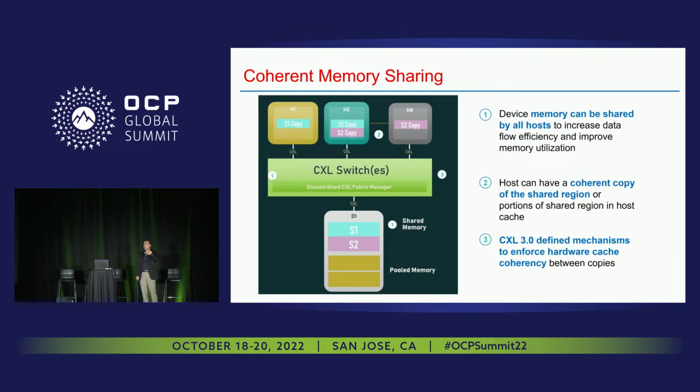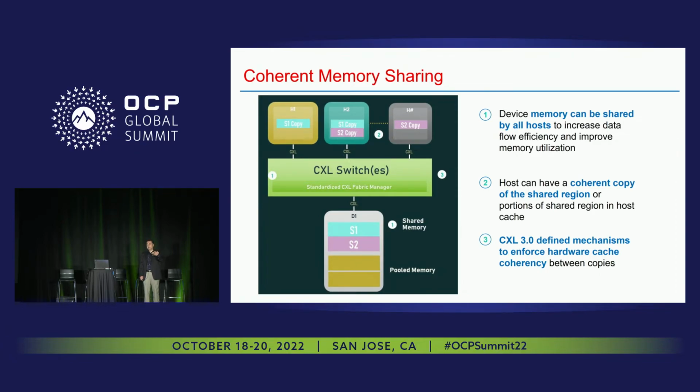But then, because these devices are connected, it is logical to think, well, my device is connected to multiple hosts. Why wouldn't I be able to move data from one host to another host? That required coherence to work well. Because of that, the team has worked together and came up with a back invalidate channel for passing snoops.